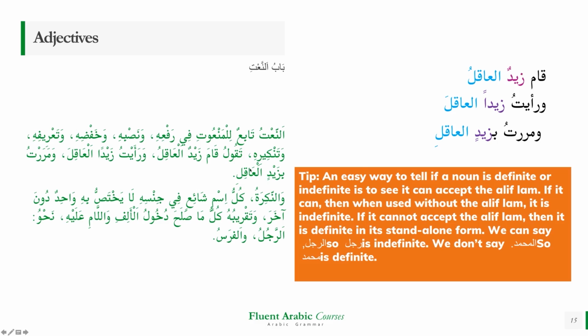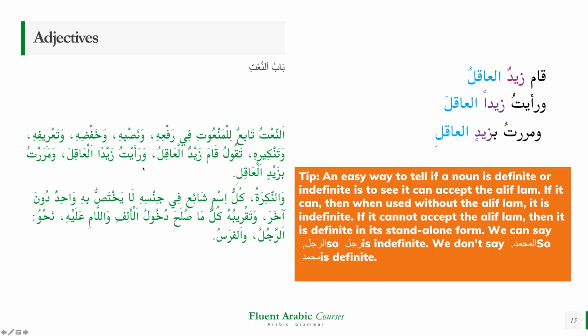What Ibn Ajrum omitted here is it also follows the gender of the man'ut. So if the man'ut is feminine, the na'at will also be feminine. If it is masculine, it will also be masculine. It also follows the number of the man'ut. So if it is plural, then the na'at should also be plural.